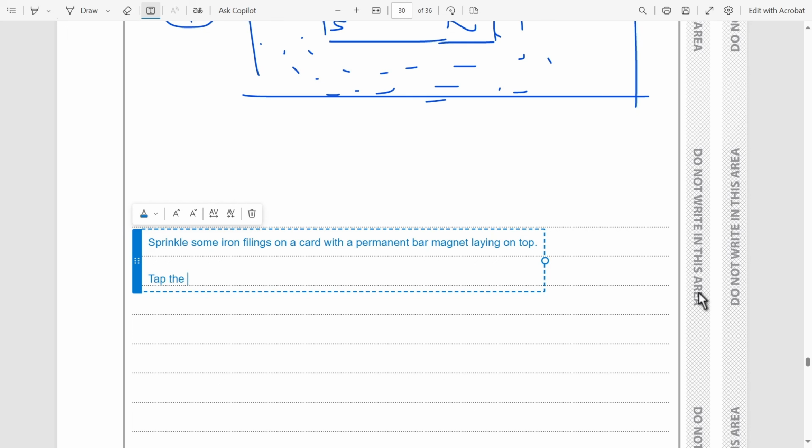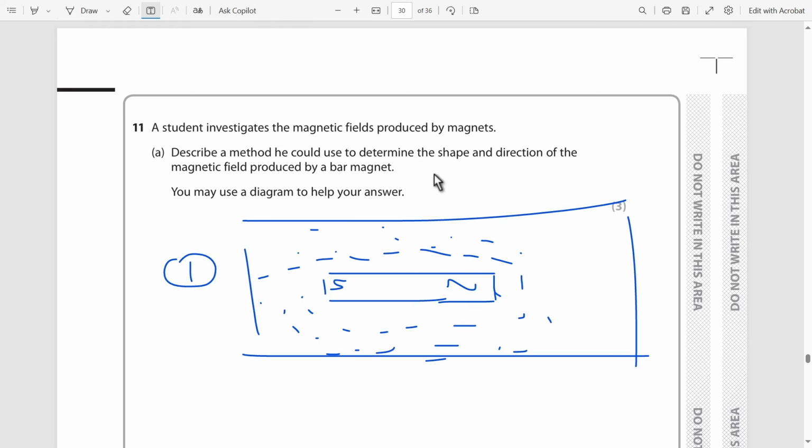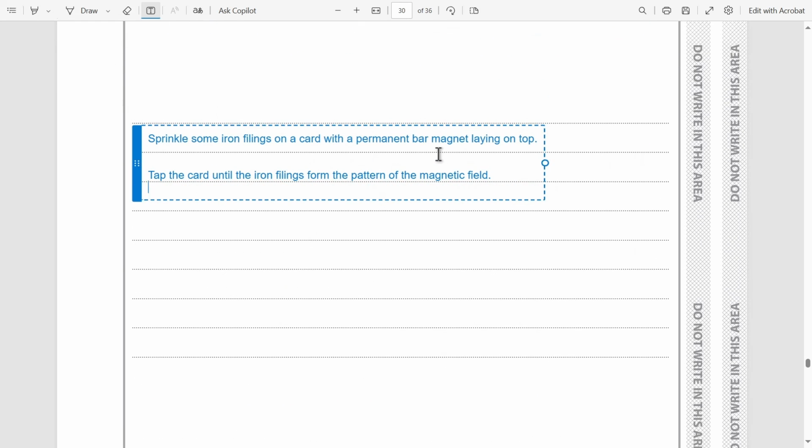Tap the card until the iron filings form the pattern of the magnetic field. That's how we're going to find the shape of the magnetic field.